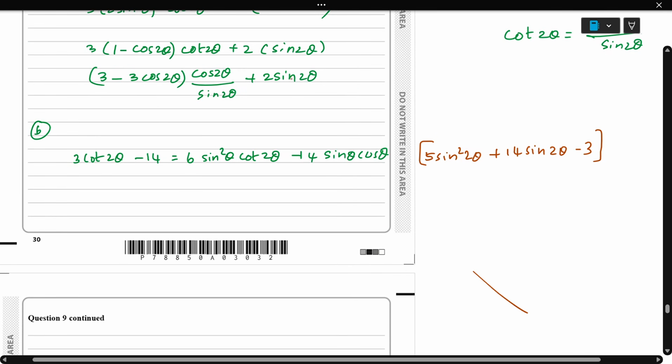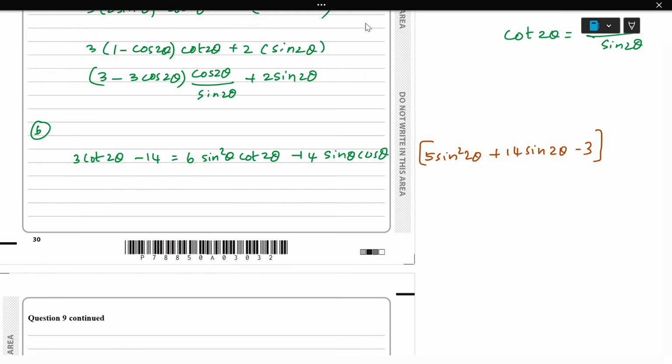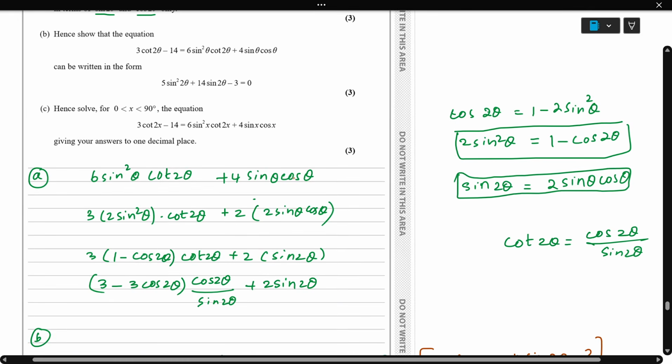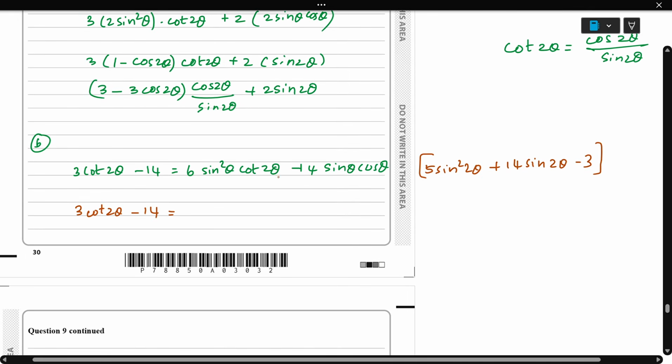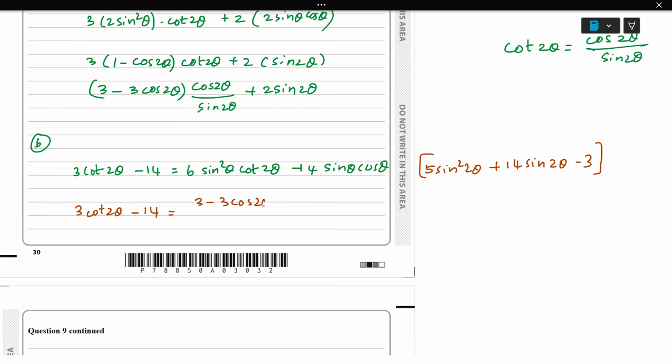So this entire part, the left side is the same: 3 cot 2 theta minus 14 equal to, the right side is nothing but the one before, which we simplified with 2 theta everything. So I'll rewrite here: 3 minus 3 cos 2 theta into cos 2 theta over sin 2 theta plus 2 sin 2 theta.